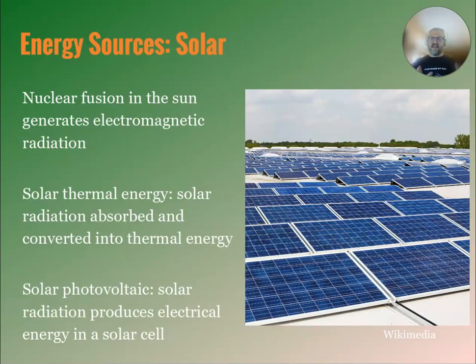So that cuts out a lot of those intermediate steps that you might get if, for example, you had your solar energy being photosynthesized by a plant and then you were burning the biomass and using that to turn a turbine to generate electricity. You can cut out a lot of those middle steps by just directly converting solar radiation into electrical energy through a solar cell.